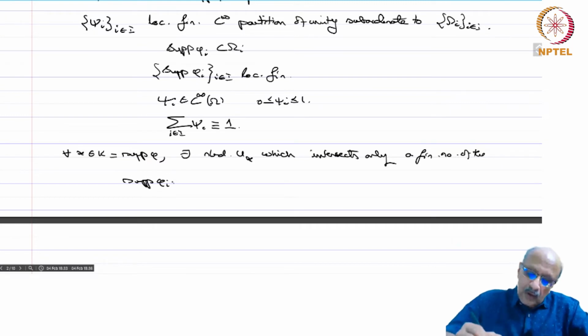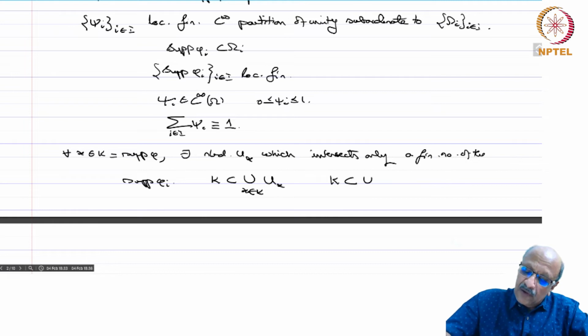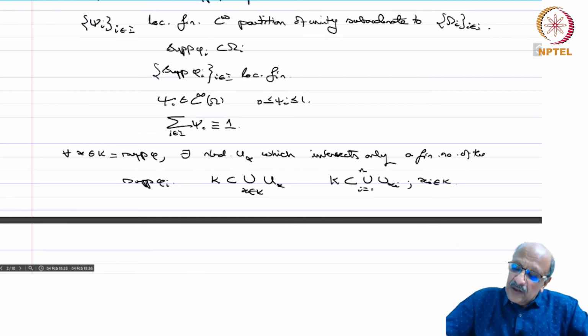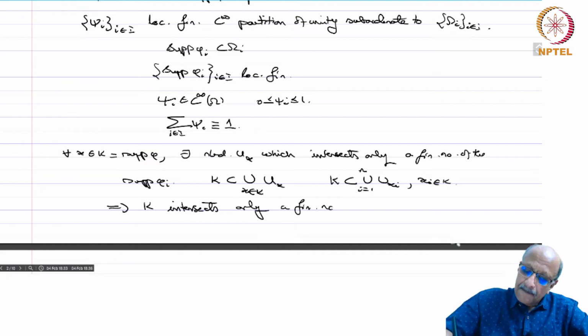Okay, now K is then covered by the union over x in K of U_x. But K is compact, so there exists a finite subcover. So K can be written as a subset of the union for i from 1 to n of U_{x_i}. Each of these U_{x_i} will intersect only a finite number of supports of ψ_i. So this implies that K intersects only a finite number of supports of ψ_i.